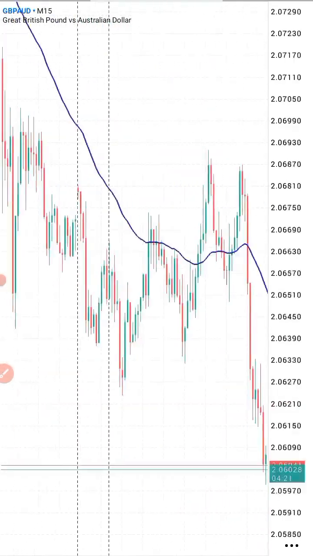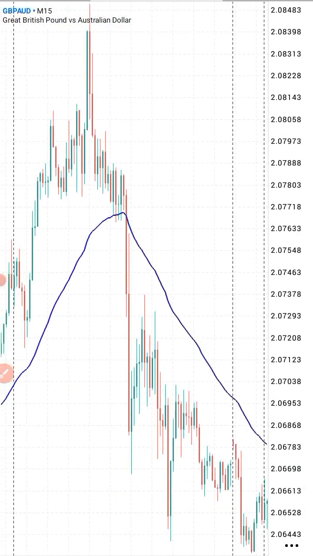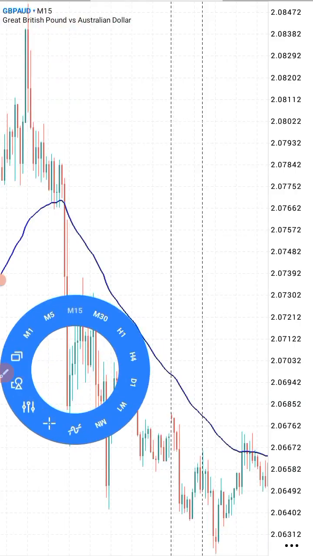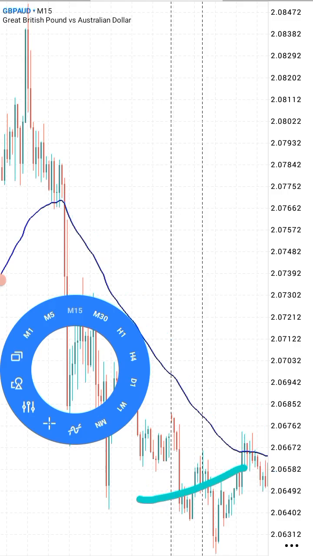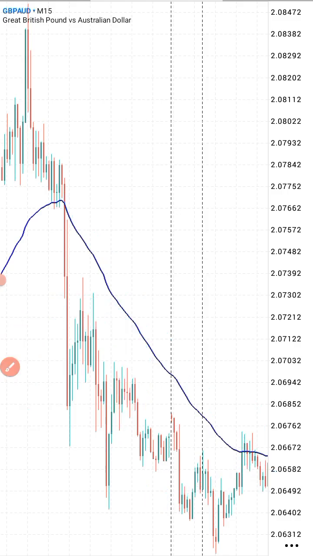Now, what is a steep slope? Look at this steep slope. This is what we call a steep slope going down. When you see such a thing, you know that there is momentum in the market.